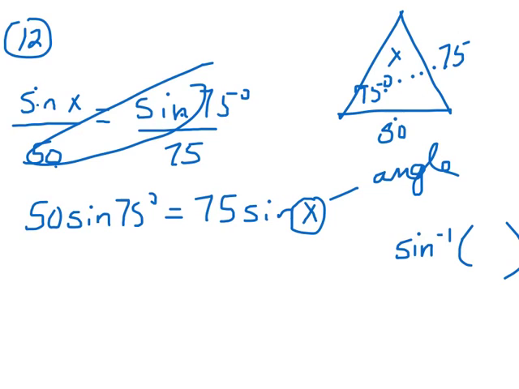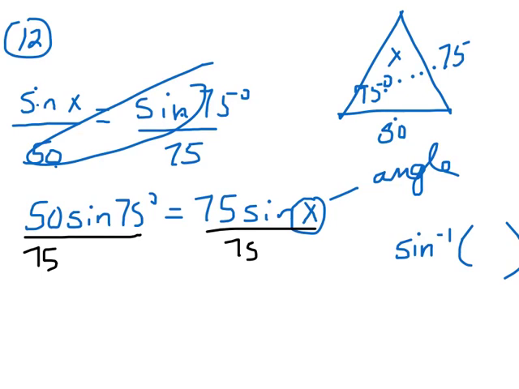Wouldn't I first, if I want to get x by itself, it's got a 75 multiplied by the sine of x. And I'm trying to get down to the x. So let me divide that 75 out first. Now, I'm not going to cancel that 75 degrees and that 75 out, right? One's an angle, one's a length. I don't want to cancel that out. But could I reduce 50 over 75 if I wanted to?